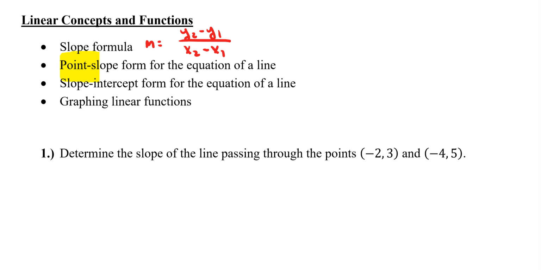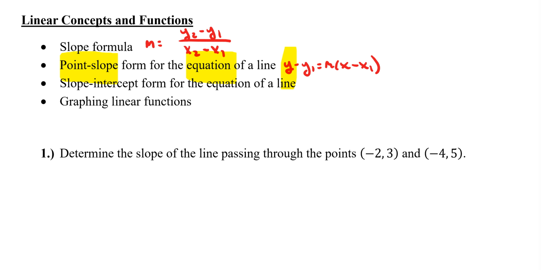For the point slope form for the equation of a line, this would be y minus y1 equals m times x minus x1. This is actually the same thing as the slope formula. They're all derived from the same slope formula here. So the point slope form, this is an equation of a line, which means x and y stay as x and y. They stay as the variables. And x1, y1 represents a point that the line crosses through.